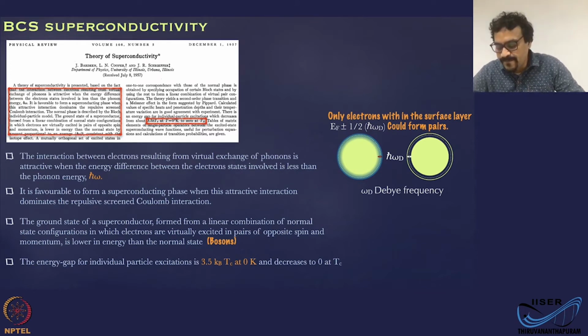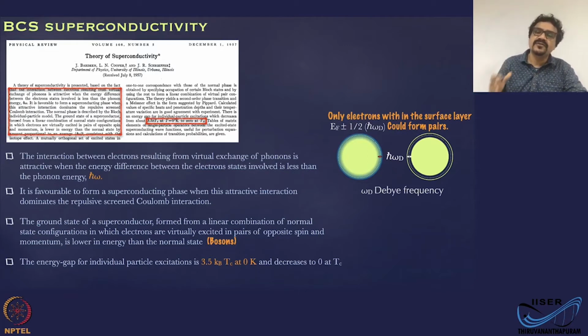Now, if you look at what is the phonon frequency or energy available at that temperature, the phonon frequency is always the Debye frequency, or omega D. That is what is available at that temperature.